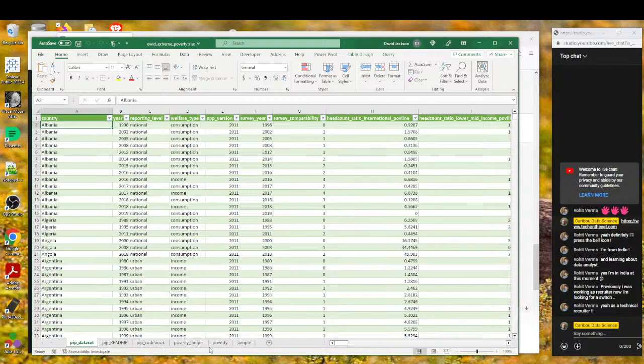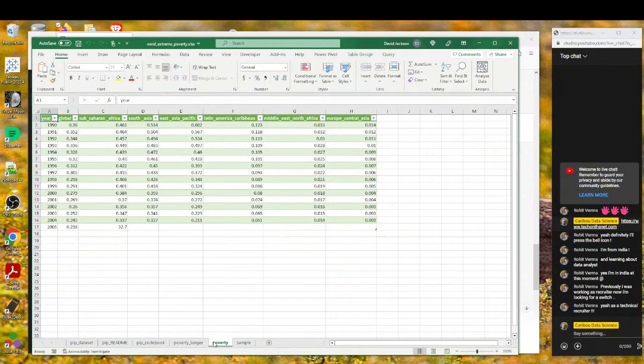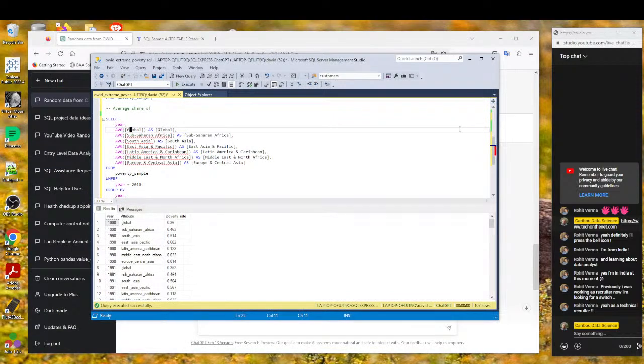So where's our sample? Here's our new headings. We could of course just re-import the data, right? But hey, where's the fun in that?